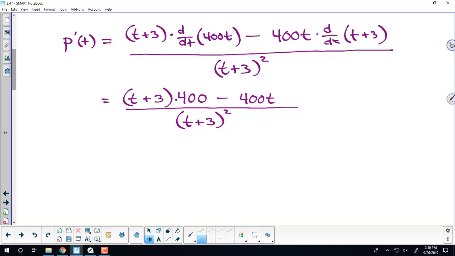So we could work on simplifying this, which I think we should because it's not terribly difficult. Notice both of these terms in our numerator, we could just take that 400 out. So we factor out the 400 from the top, and then we have t plus 3 minus t left over.